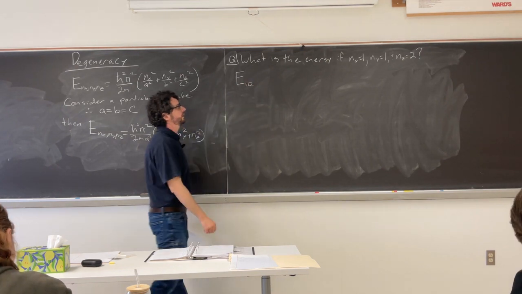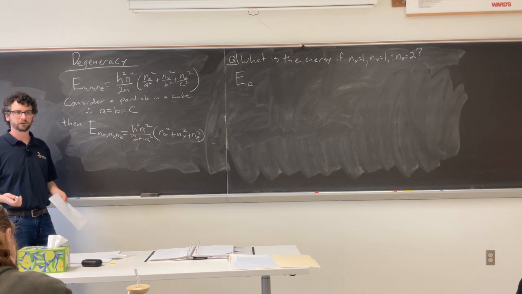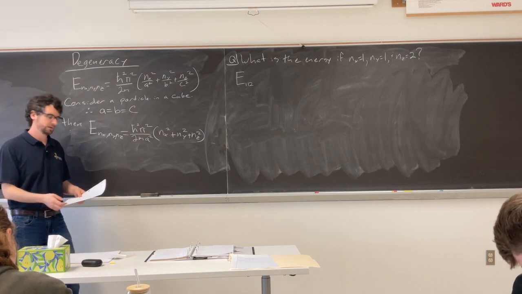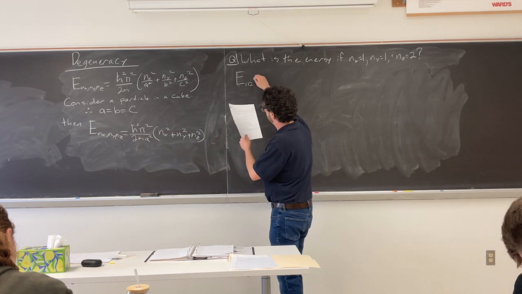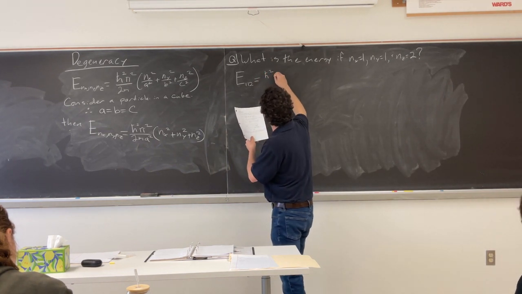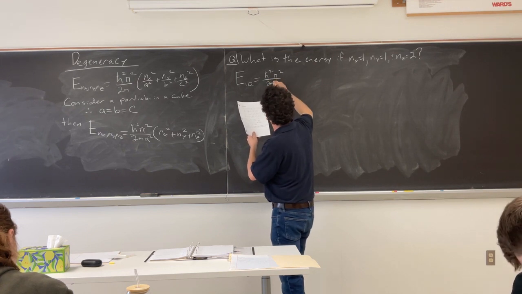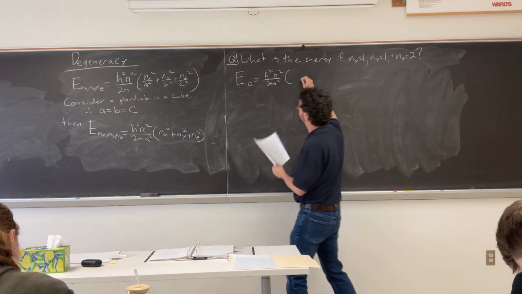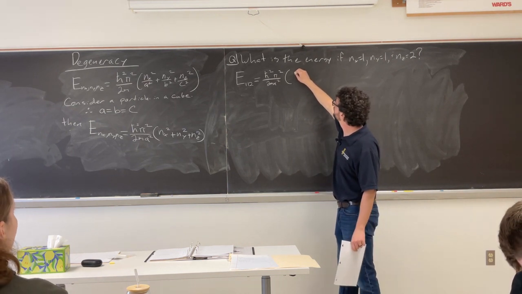Yep. So you might see it that way. Sometimes there are commas in between the principal quantum numbers to indicate that they're different. In this case, I'm not going to worry about that. So we get h bar squared pi squared over 2ma squared. First term, n sub x, what's its value?